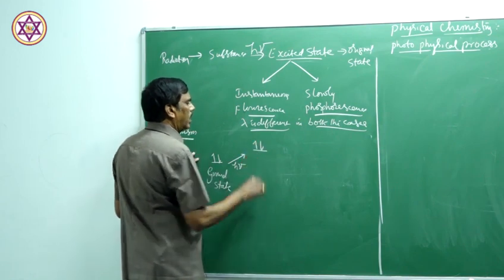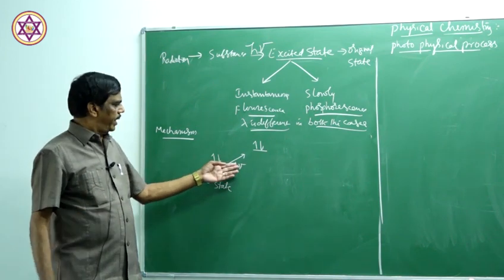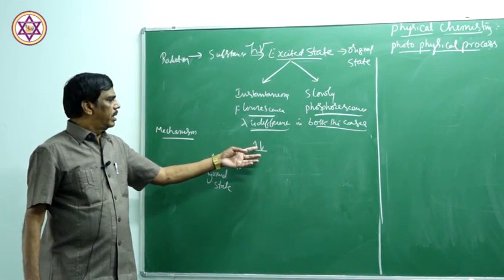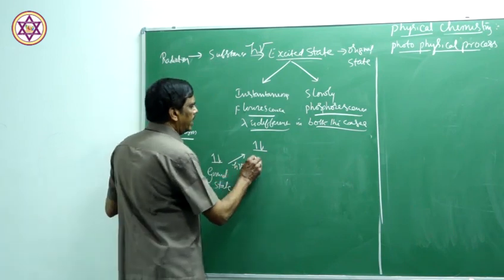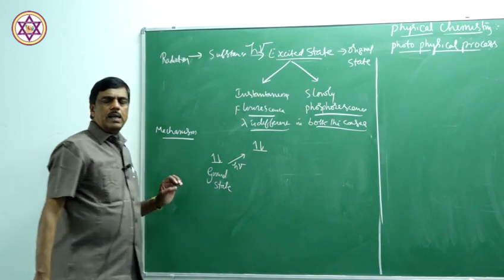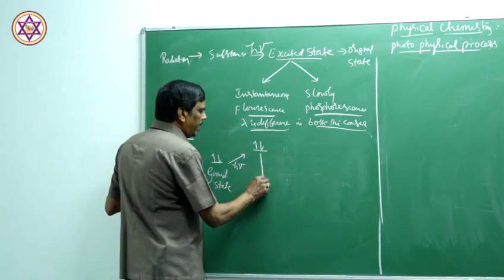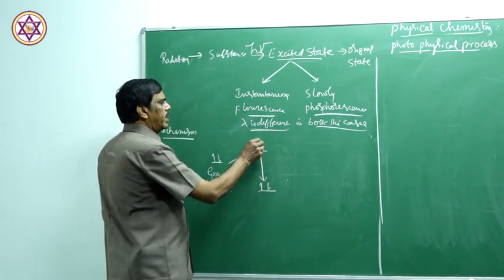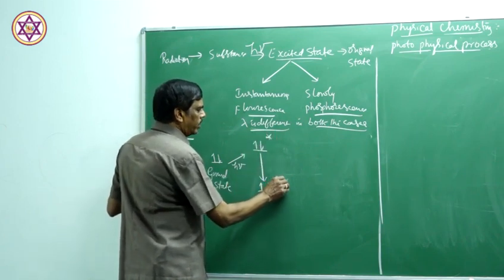Both the electrons absorb radiation and are excited. In the excited state, they have more energy than the ground state. In some cases, this excited state is unstable. It emits the light radiation and comes back to the ground state.